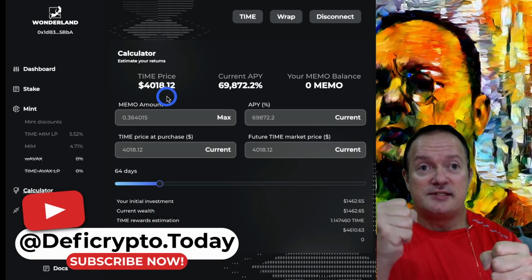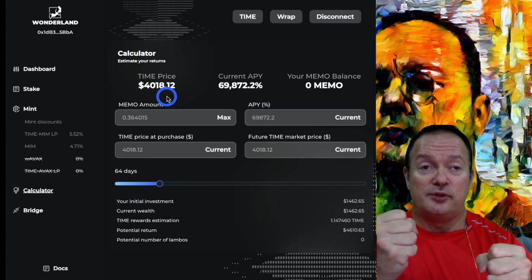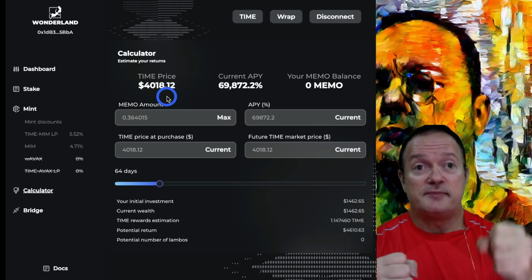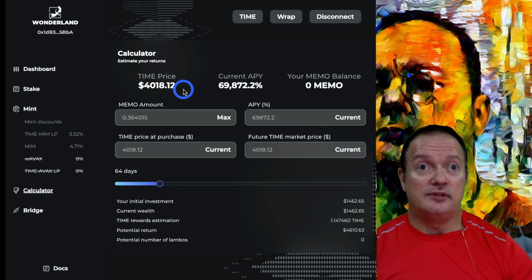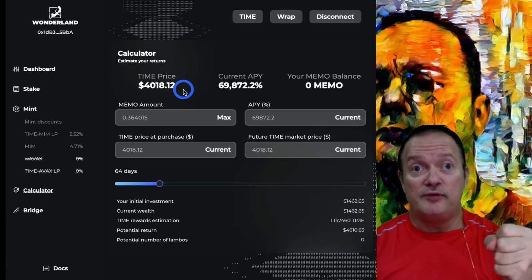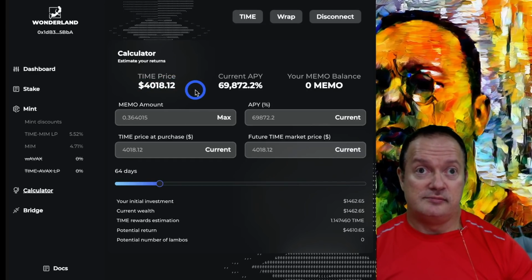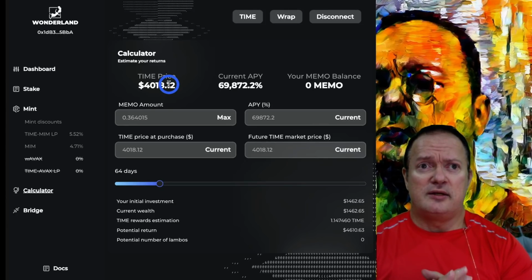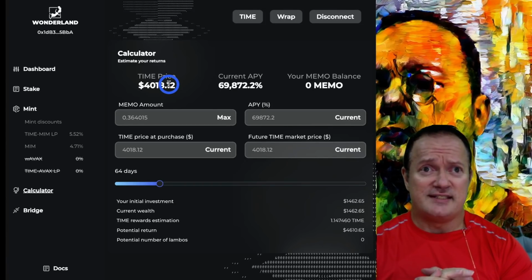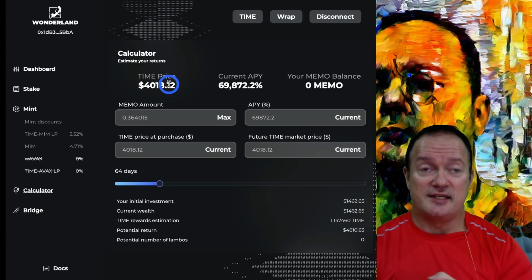The yield token represents what you're going to earn as interest for the next 2 months, while the ownership token is essentially a discounted time token, and it will grow in value over the next 2 months until it reaches the full value of a time token. So you're buying it at this very big discount. Currently, it's around a 65-66% discount. So you're buying yourself time tokens at a huge discount.